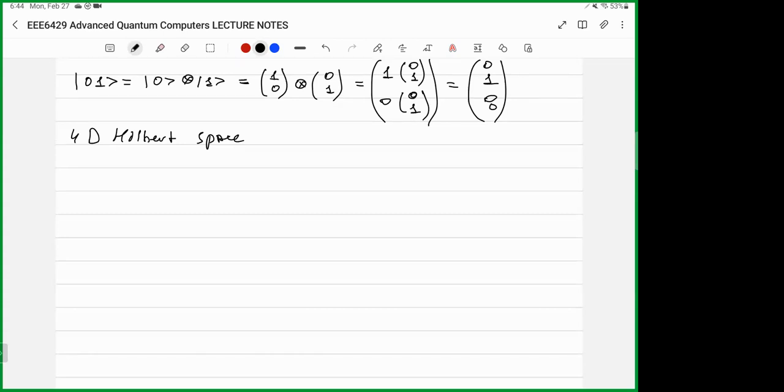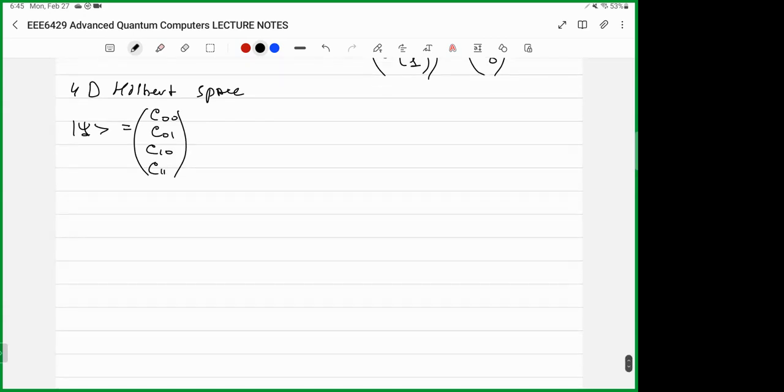So in this four-dimensional Hilbert space, the state vector psi of the system of two qubits is given by this vector of elements C00, C01, C10, C11. So this is my new vector. Instead of a vector of two elements, now I have a vector of four elements.